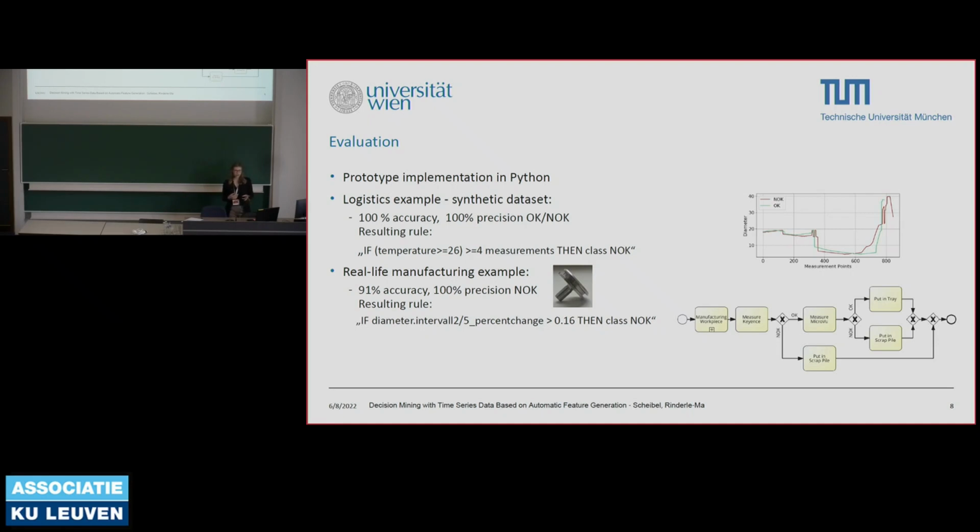So we can see that this accurately depicts the underlying ground rule that we mentioned in the beginning. So that's pretty exciting that it's such a good outcome, and it's also reflected in the accuracy, which is at 100%, meaning that we also have 100% precision for okay and not okay instances.